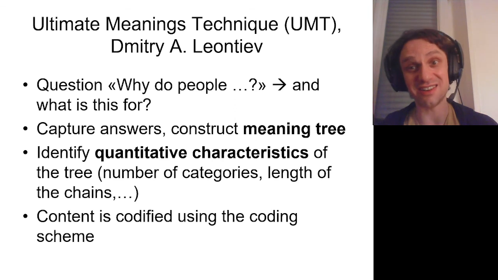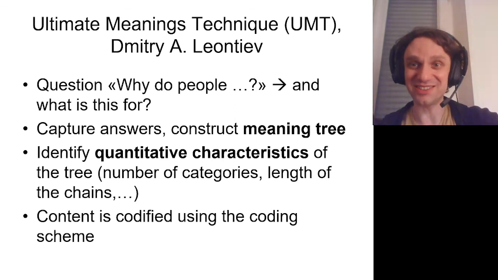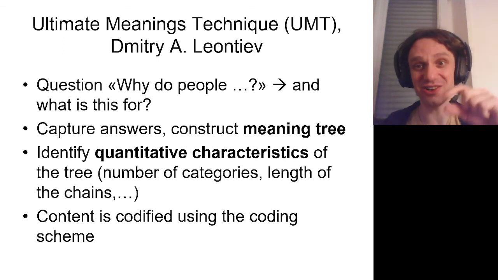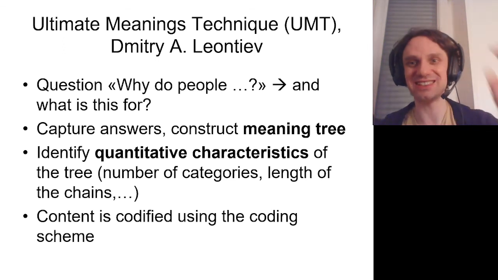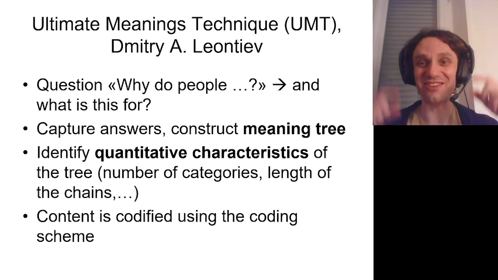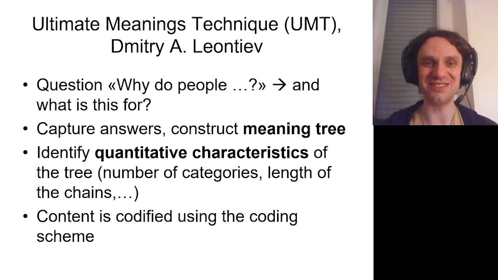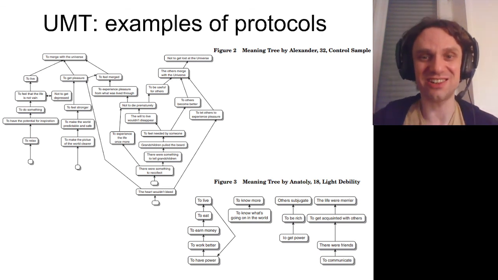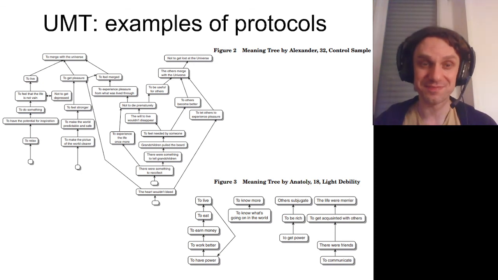And why do we need to recover our energy? And then a person gives you some kind of answer. And essentially you go up this tree of meanings until you reach a meaning where a person is unable to give you a final answer.